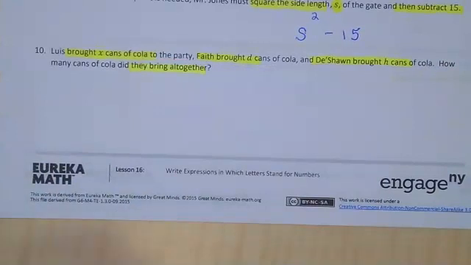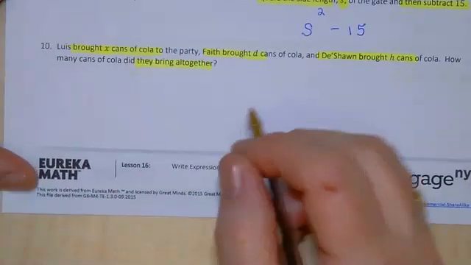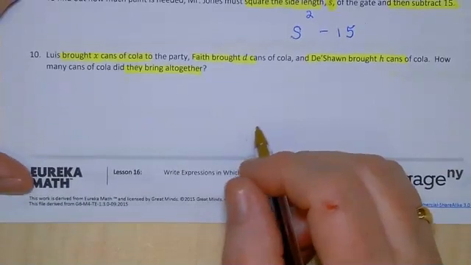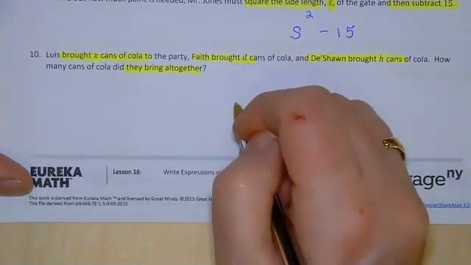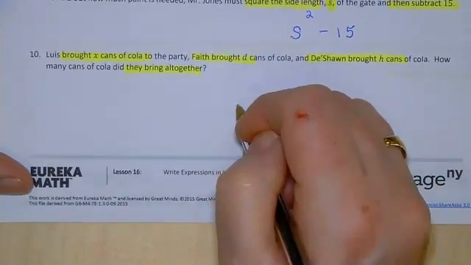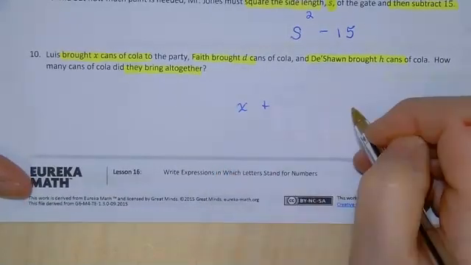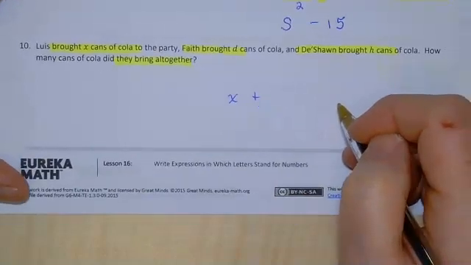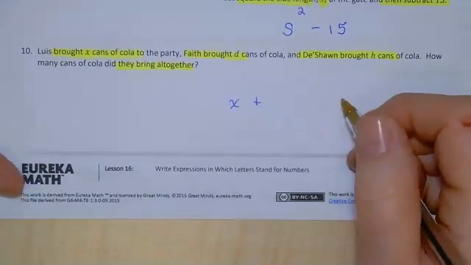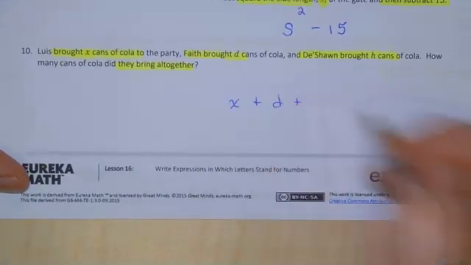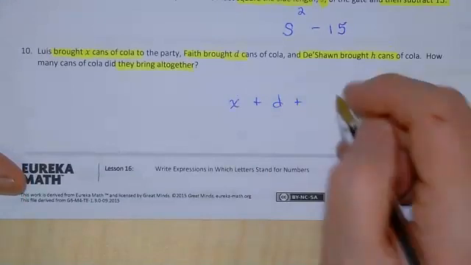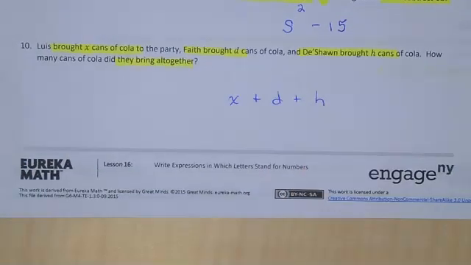What does the word all together tell us we're going to do? Add. Add all of them. So what do we add? Tell me what to write first. Caitlin? S. The second person brought D, and the third person brought, there you go. Easy.